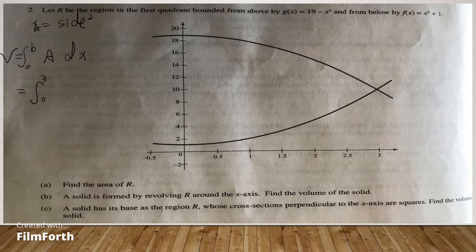And the cross sections perpendicular are squares. So it's the integral of side squared dx, and the side equals g of x minus f of x.